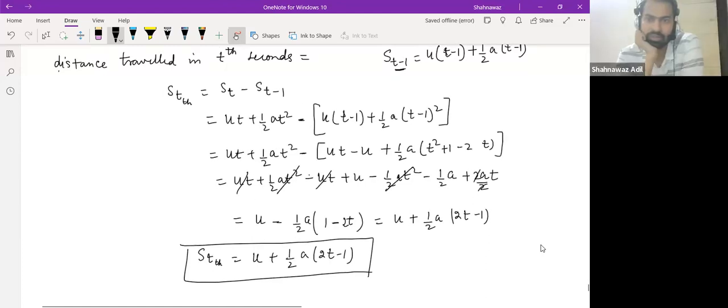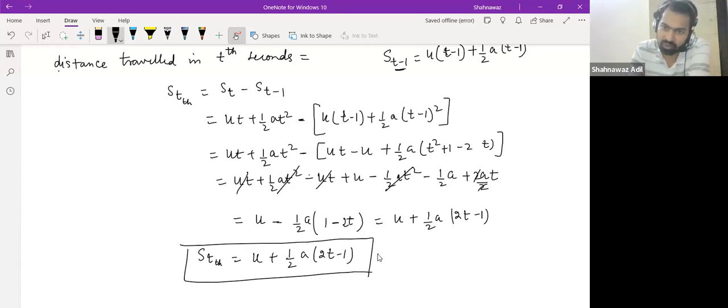And let me also see the calculation. You can write it in this way or this way also.